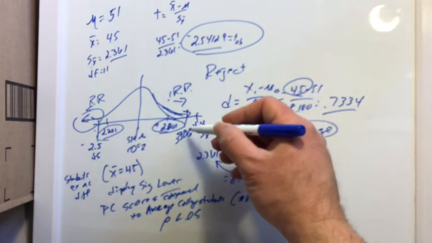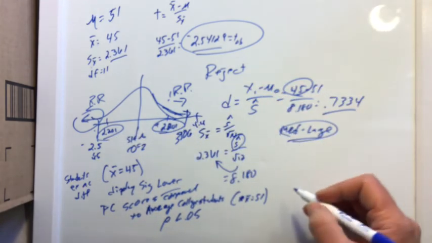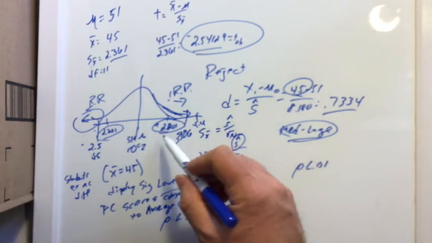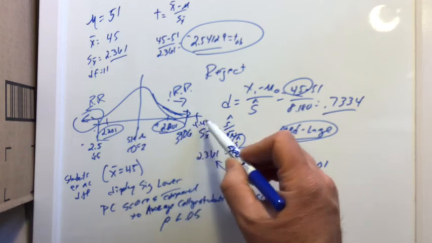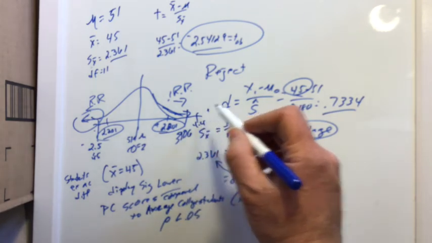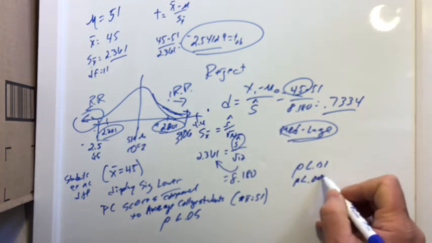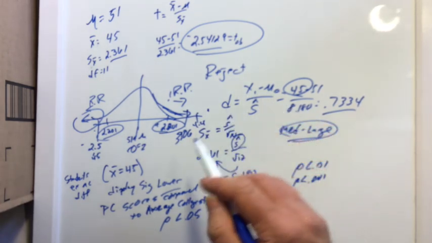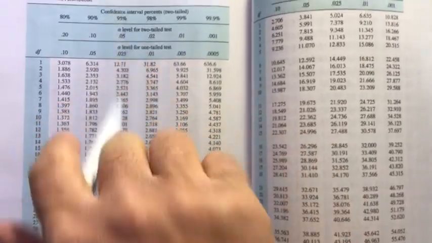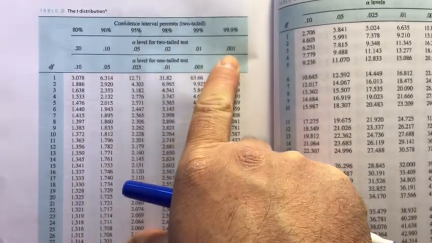If I had a 3.2 here, I could say P is less than 0.1, but I can't because I only got a 2.5 right now. If I had a 4.6, that would be way over here. I could say P is less than 0.001. So what I need you to understand is that you look at these critical T values. Typically, the critical T values we're looking for are the 0.5, the 0.1, and the 0.01.